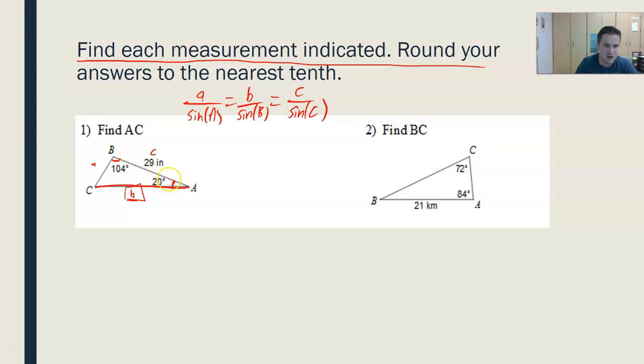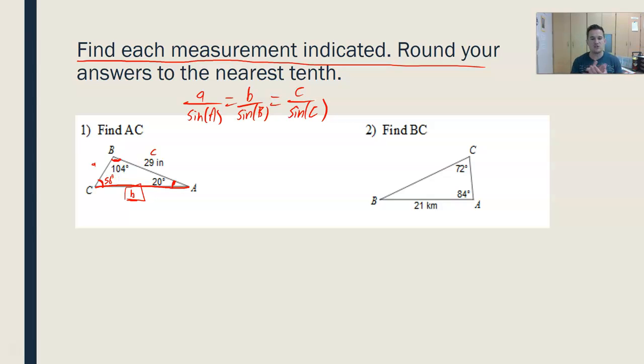So this is the only side I know, so I'm going to need to know this angle. So remember that all the angles on the inside of a triangle add up to 180 degrees. So if this angle is 104 degrees, this angle is 20 degrees, 180 minus 104 minus 20 is 56. So this angle right here is 56 degrees.